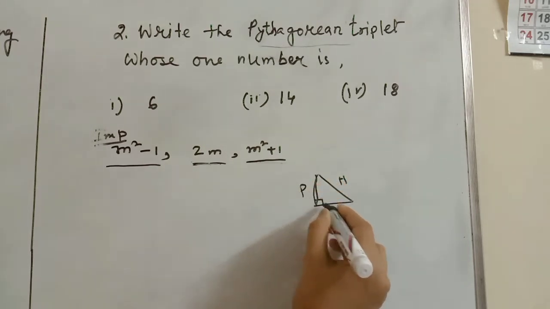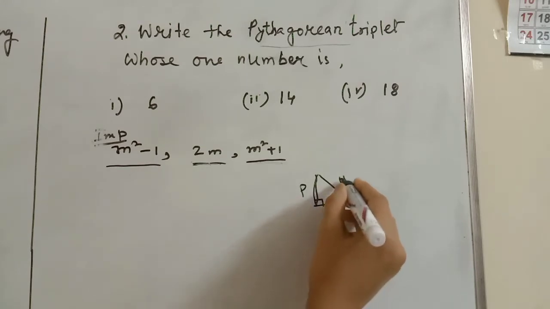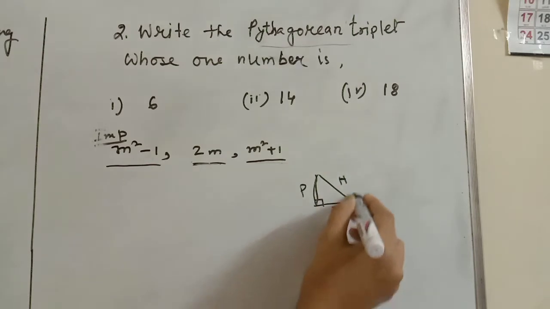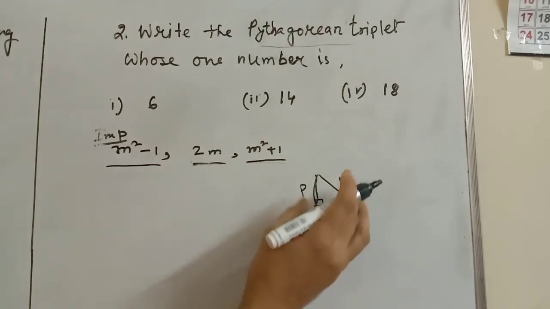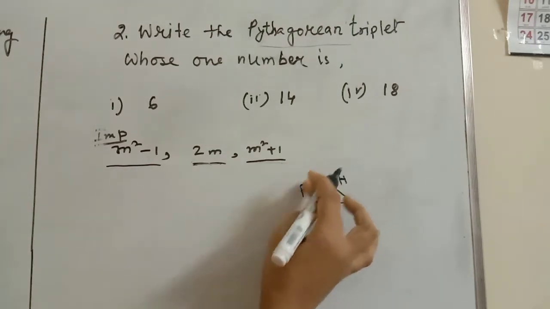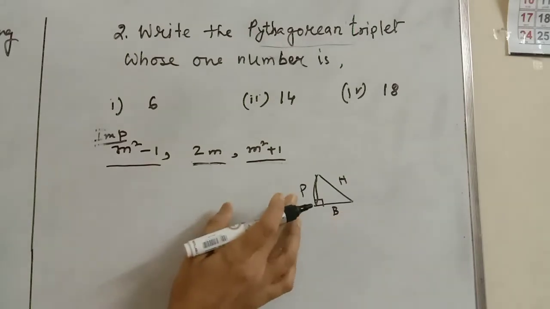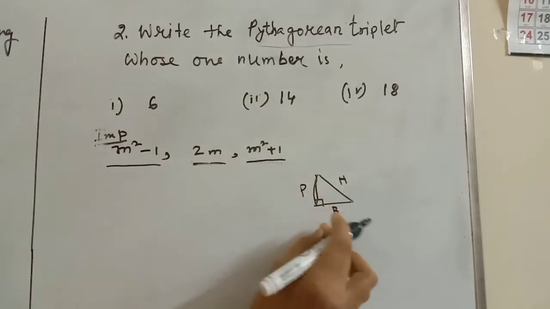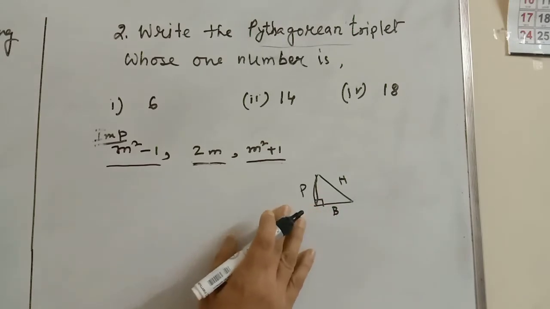One we are taking as perpendicular and another is base. There is a relation between these three sides. You know that perpendicular square plus base square is equal to hypotenuse square. So these three sides are known as a Pythagorean triplet.